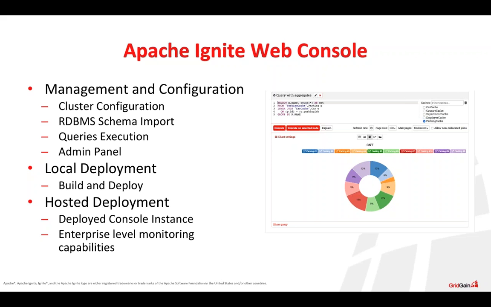For instance, GridGain, as one of the many contributors of Apache Ignite, has an instance of Apache Ignite Web Console deployed on its own hardware, and you, as an Apache Ignite user, can go to this deployment, use it, and play with Web Console, checking all the capabilities that are presently supported.